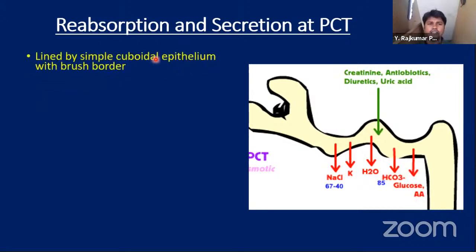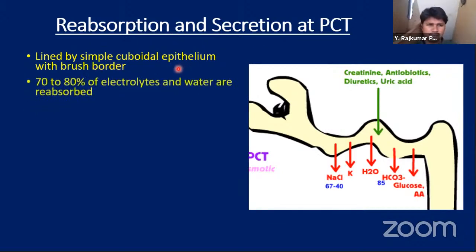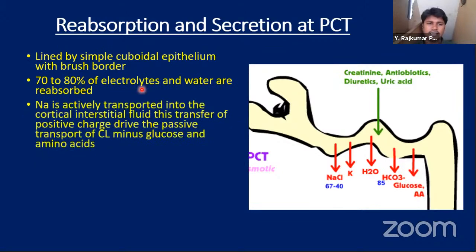Okay? This PCT, which is proximal convoluted tubule, is lined by simple cuboidal epithelium with brush border. 70 to 80% of electrolytes and water are reabsorbed. Sodium is actively transported into the cortical interstitium fluid, with transfer of positive charge driving the passive transport of Cl minus and glucose and amino acids.